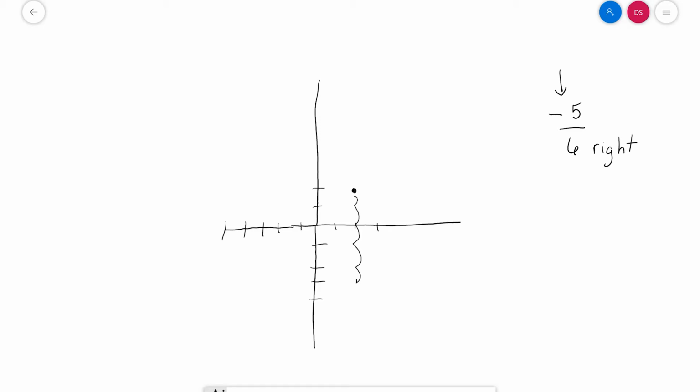So I can't go back to the left because then I would have 2 negatives, which gives me a positive slope. So I would go to the right, and I don't have all my hash marks written out, but I would go to the right 6 spaces, 1, 2, 3, 4, 5, 6, plot a second line, and connect them.